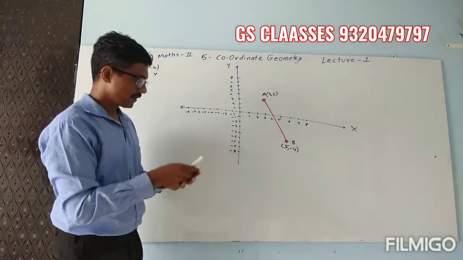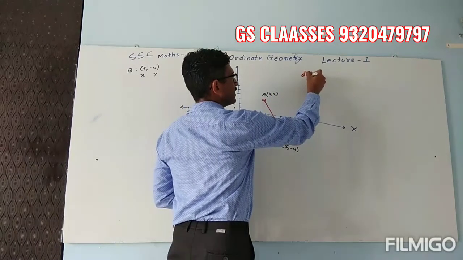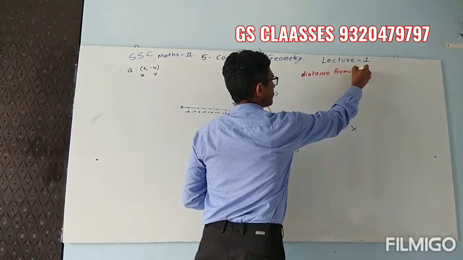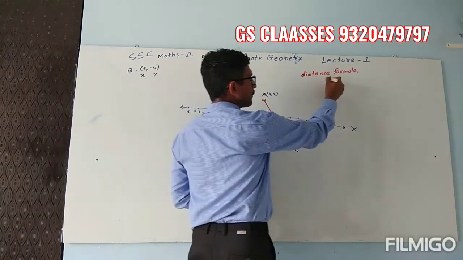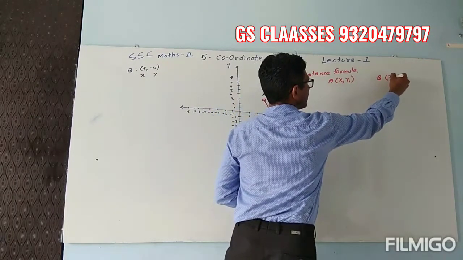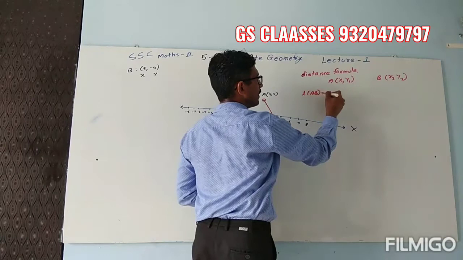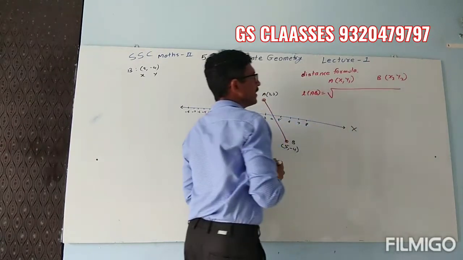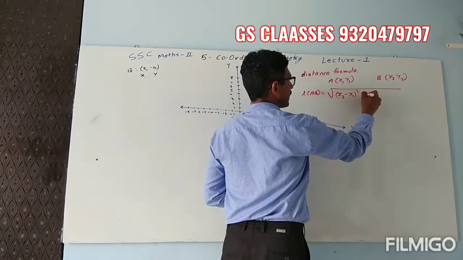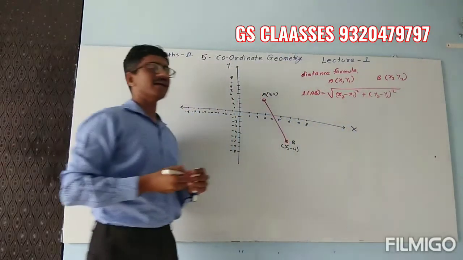We will be using a formula known as the distance formula. If any point is A (x1, y1) and any point is B (x2, y2), then length AB will be calculated as the square root of (x2 minus x1) whole square plus (y2 minus y1) whole square.